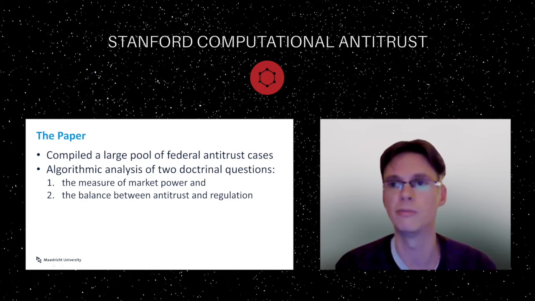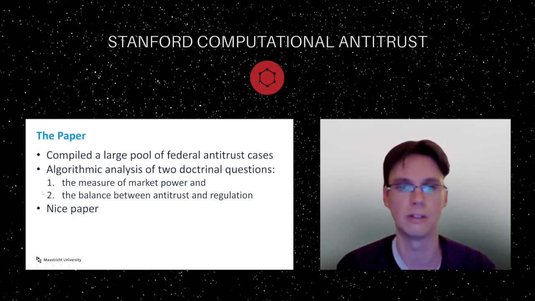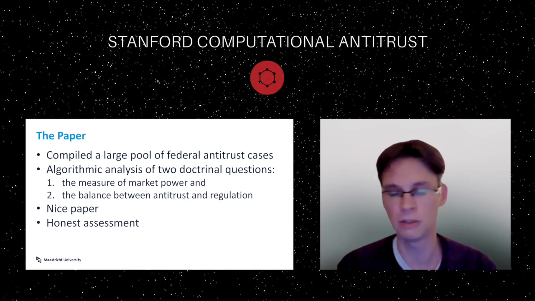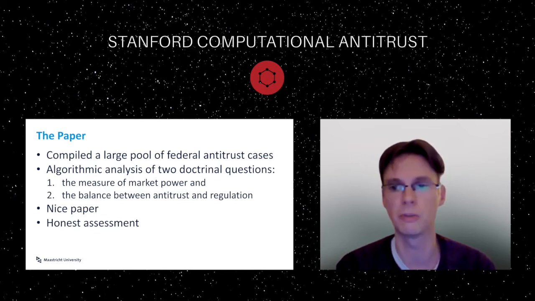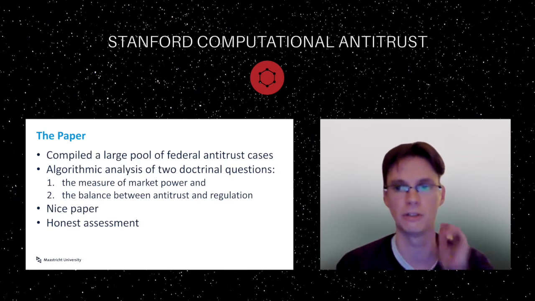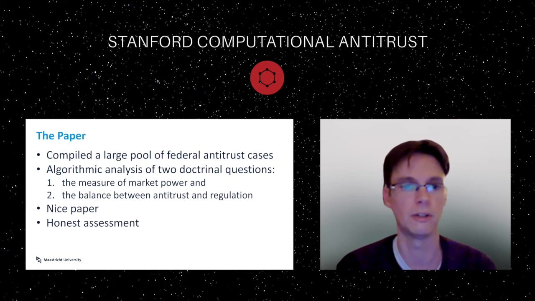So the idea of bridging the gap between computational analysis and legal questions, and legal analysis, I think that's a great endeavor. Overall, this is really a nice approach. We should definitely have more of these, and it's especially nice because you include a very honest assessment of what is possible, but also what is not possible and what the challenges are. And I think that is what we really need in this field.